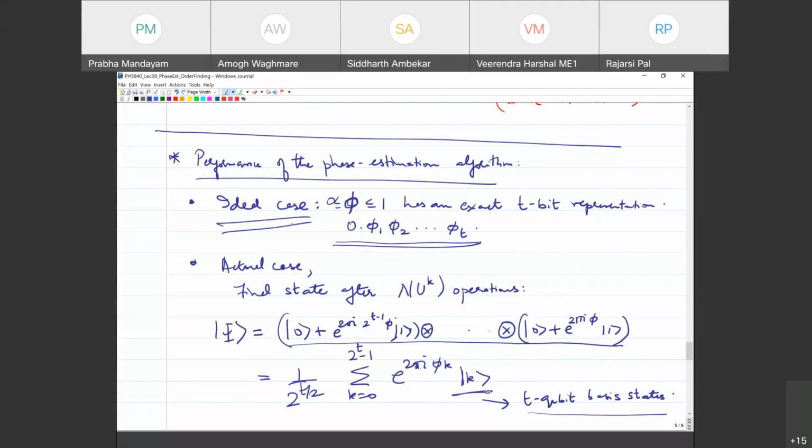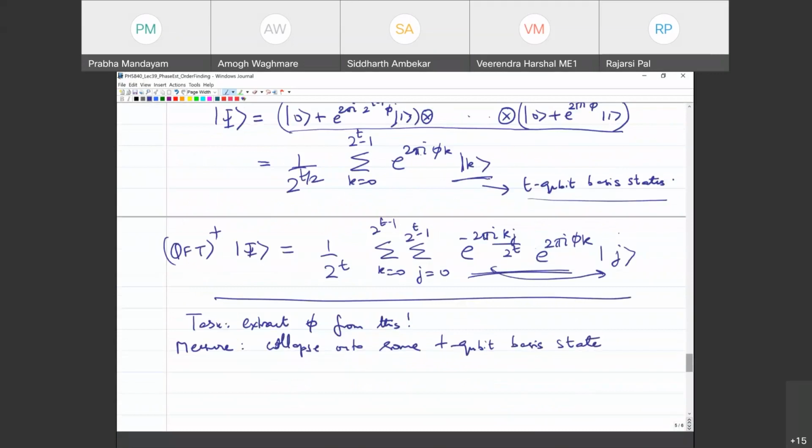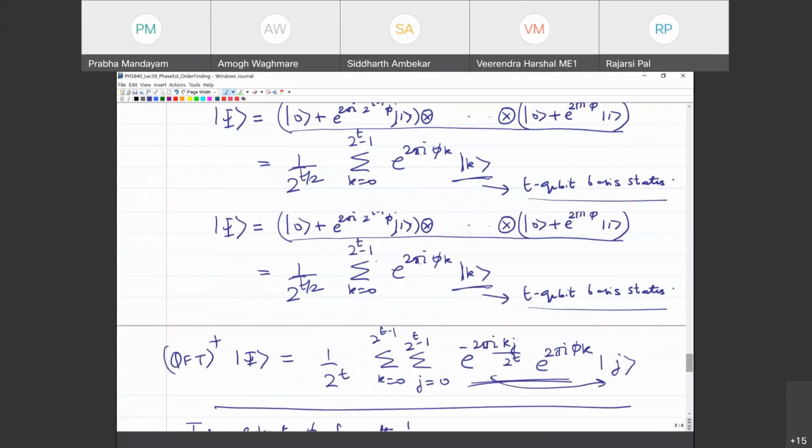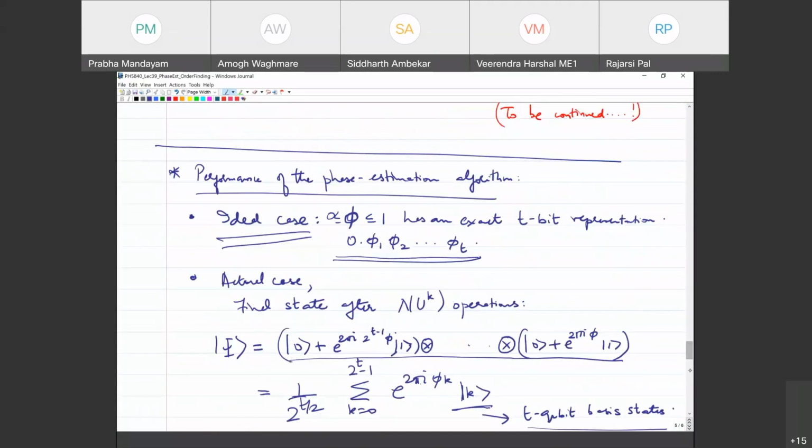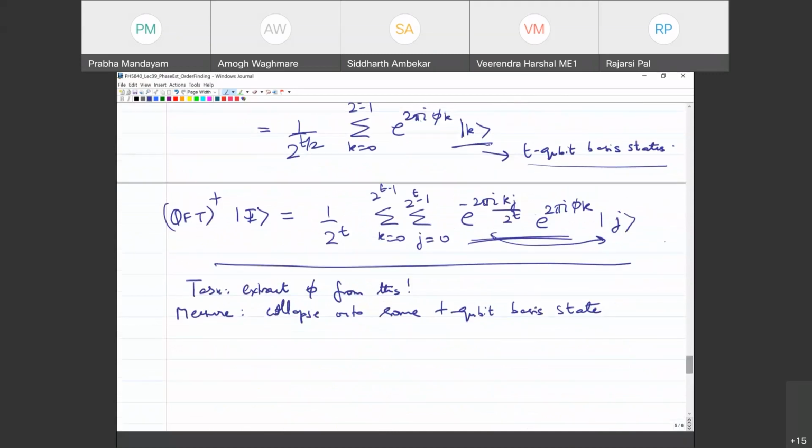But in the actual case, this need not be exactly equal to phi 1, phi 2, phi t. This is going to be some t qubit state. If I view it in the computational basis and I measure, I have some probability of getting any one of these 2 to the t minus 1 basis states as the post measurement state.